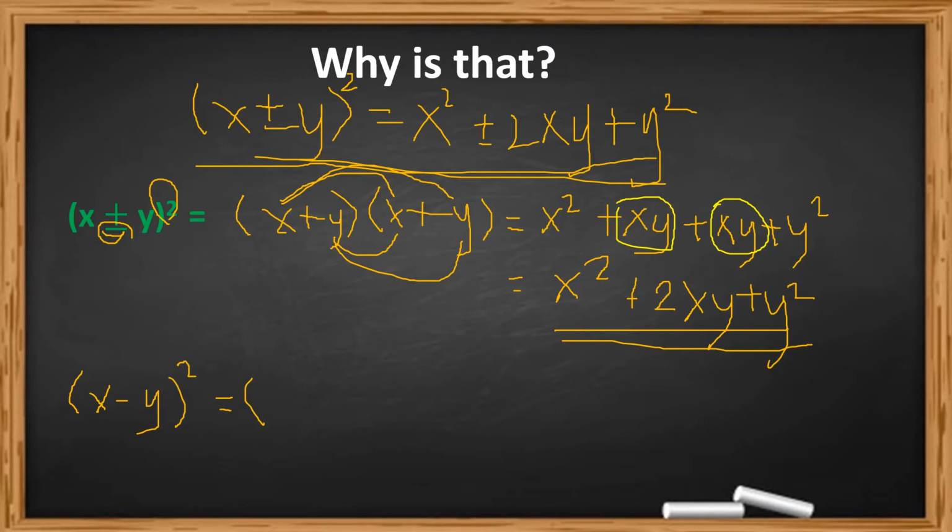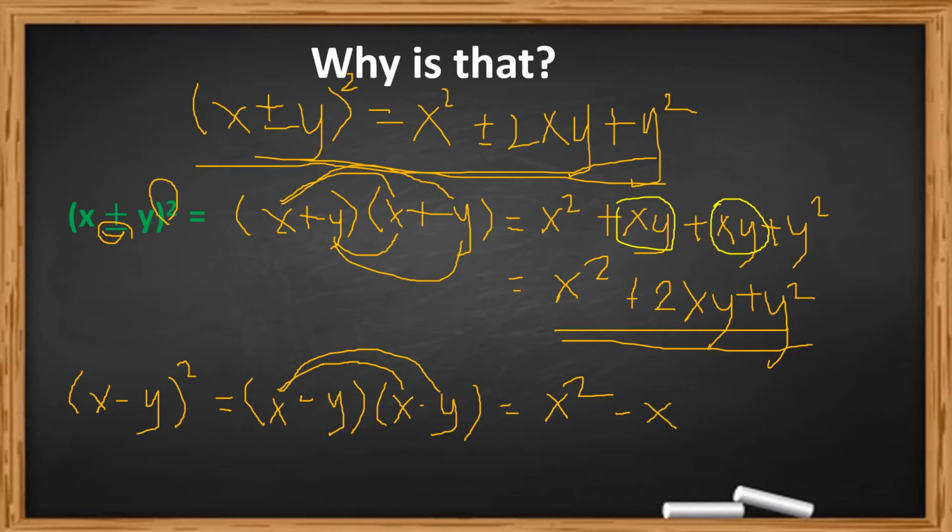So the same process, not plus, minus y times x minus y, which is equal to, by using the FOIL method again, first terms x times x, we have x squared here, and outer terms x times negative y, that's negative xy, and inner terms negative y times x, another negative xy, and last terms negative y times negative y.